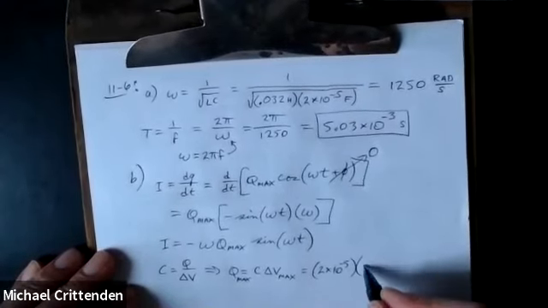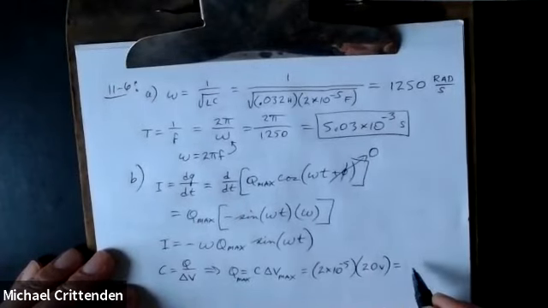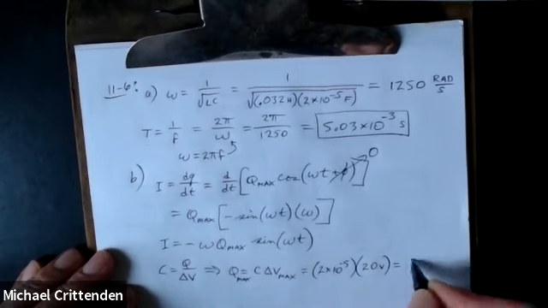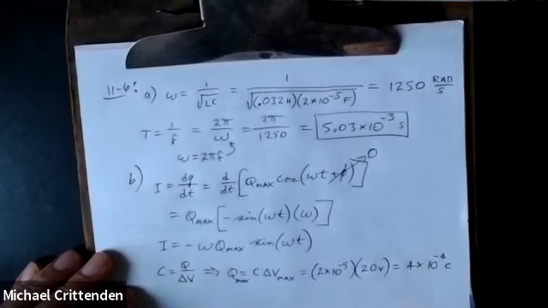The maximum voltage is 20 volts, and that's going to be 4 times 10 to the negative 4 of a coulomb.